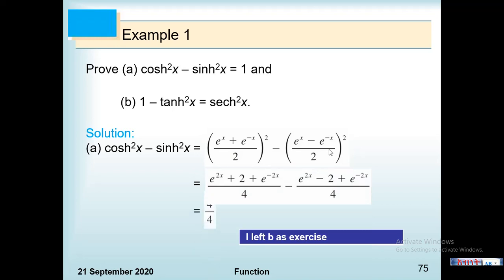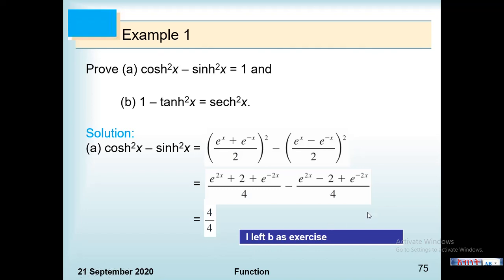The matter of algebra. That time 4 over 4 will be what? Because e to the power of x plus e to the power of minus x, e to the power of x minus, they will cancel each other. Here is minus, and 4 over 4 will get 1.